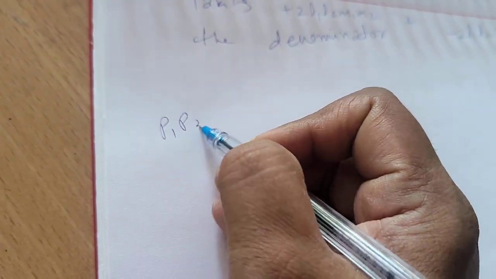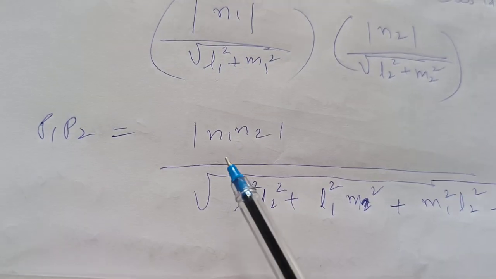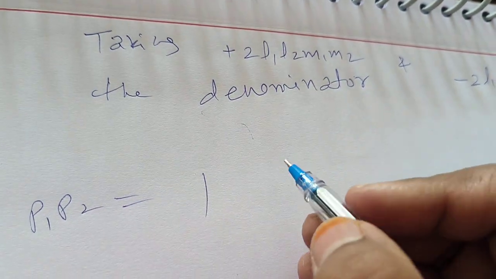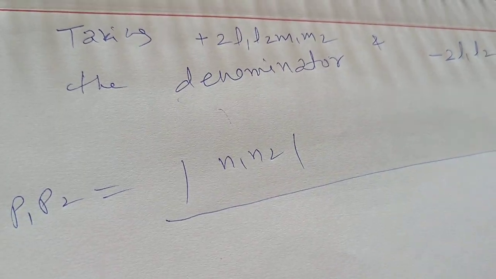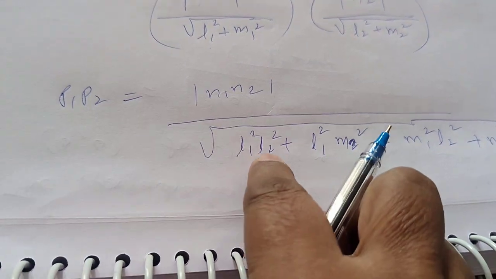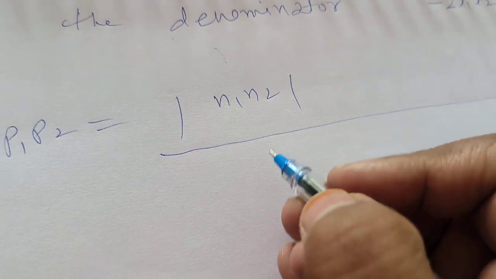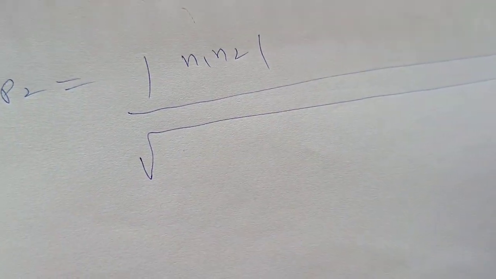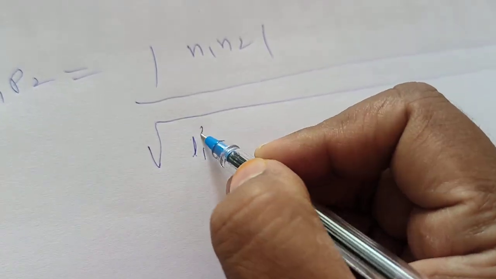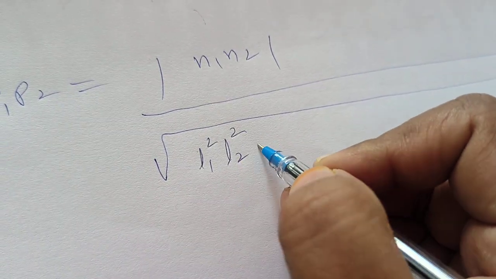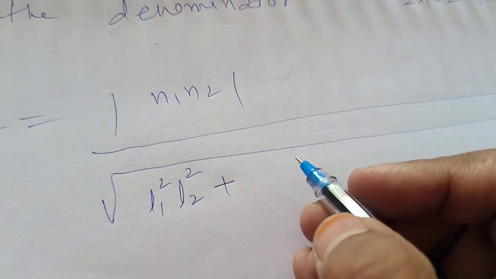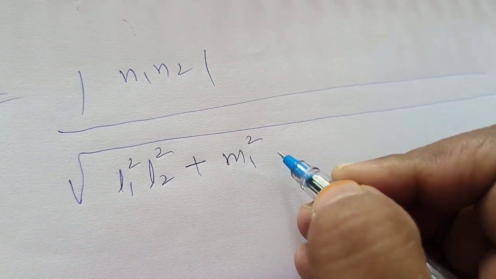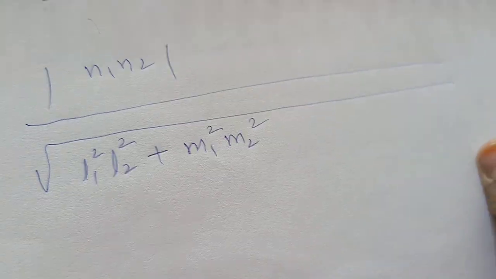So here we get P1 P2 is equal to, in the numerator, mod N1 N2, keep as it is. Here in the denominator we are writing under root L1 square L2 square plus the last term M1 square M2 square.